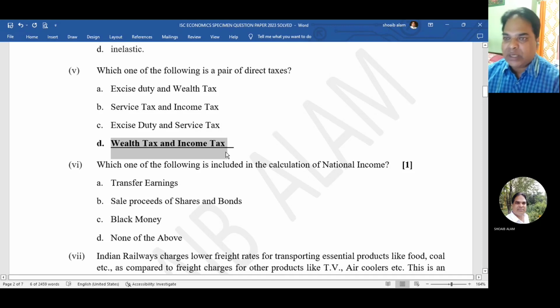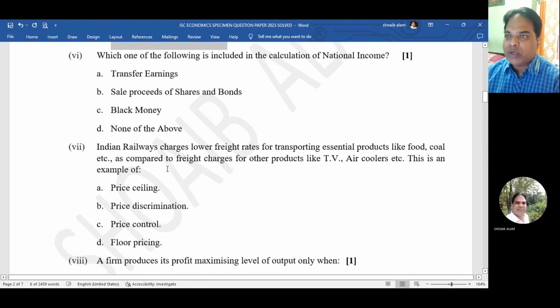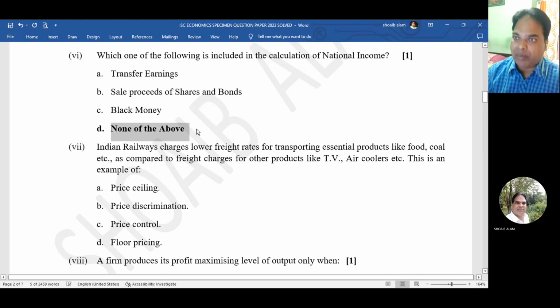Now next one, number 6. Which one of the following is included in the calculation of national income? Transfer earnings, sale proceeds of shares and bonds, black money, none of the above. The correct answer is none of the above. Then number 7.